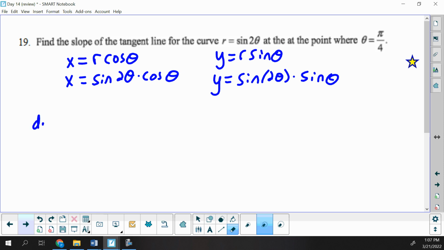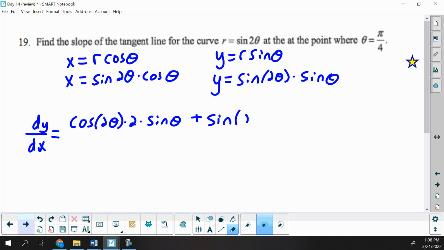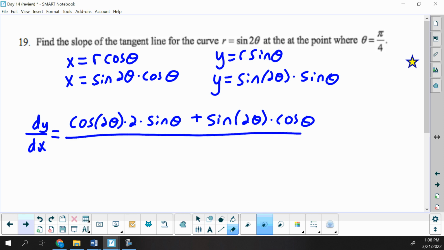So to do dy/dx, we've got to take the derivative of the y part, so a product rule. So we'll have cos 2 theta times 2 times regular sine theta plus regular sine 2 theta times the derivative of sine, which is cos theta, over our dx/d theta.